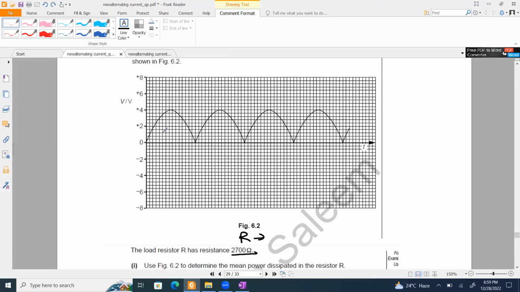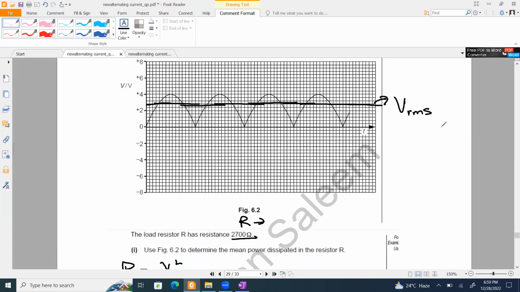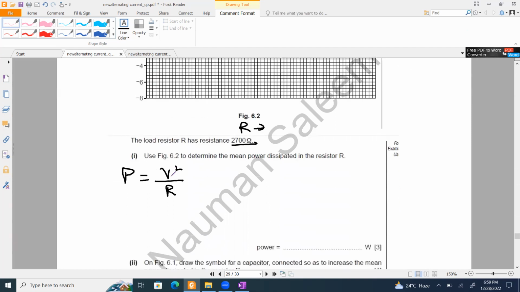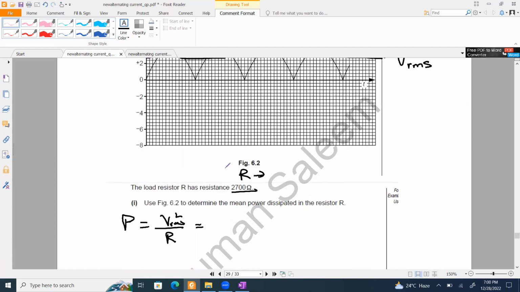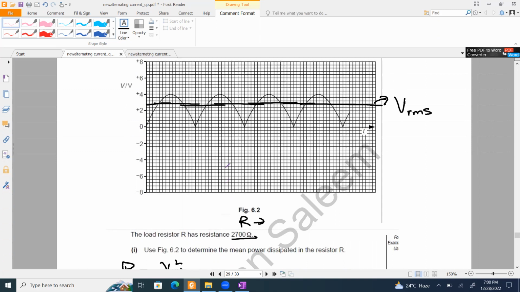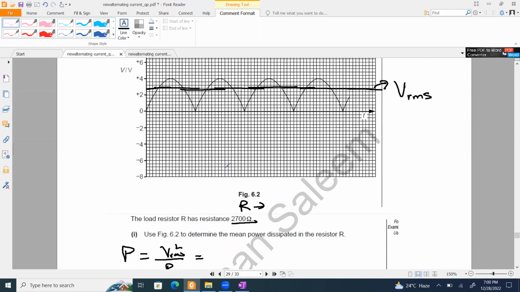If you remember, in the last class I taught you that there is an assumed steady voltage, and that assumed steady voltage is called root mean square voltage, VRMS. So I'm going to take the RMS value, which is calculated by dividing the maximum voltage, the peak voltage, by square root of 2.